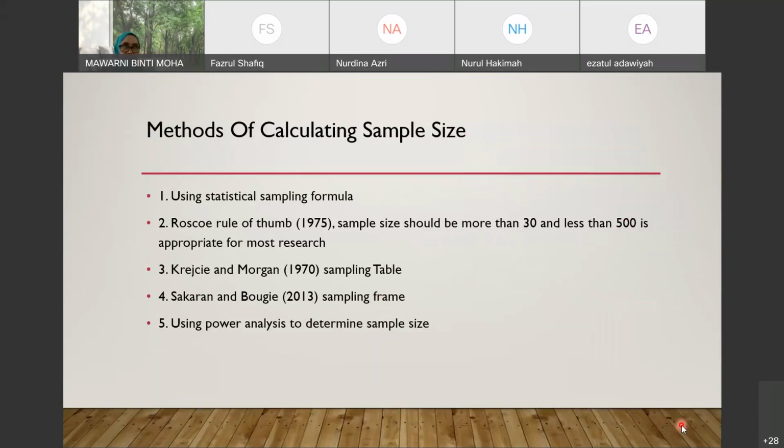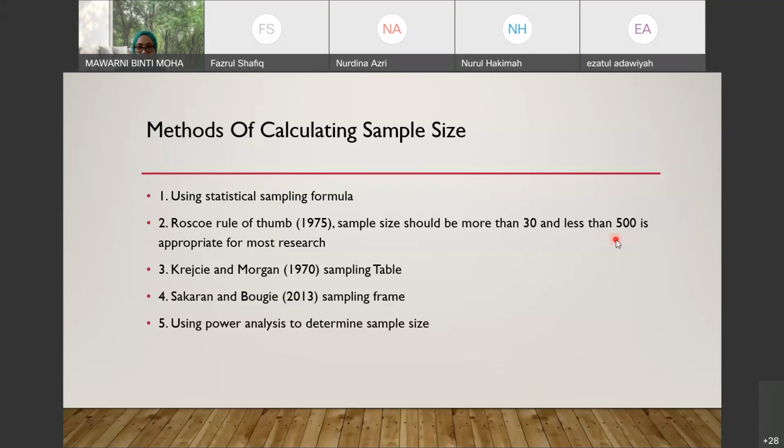This is the method. I was quite late. I mean, I missed Dr. Farid's session, and there's a question about calculating sample size. So these are some of the ways, not only following one particular scholar or only using Morgan, right? You can use a statistical sampling formula. Number 2, you can also use Roscoe's rule of thumb, where the sample size should be more than 30 and less than 500.